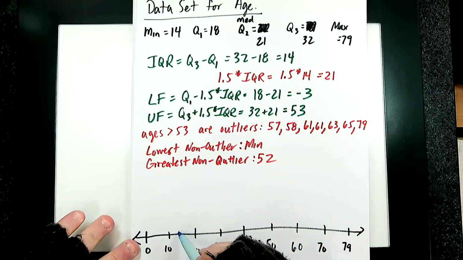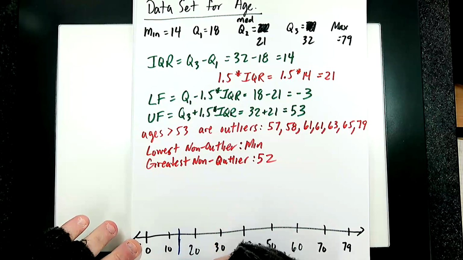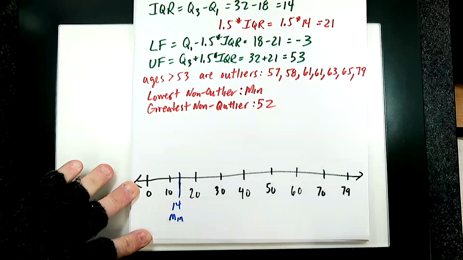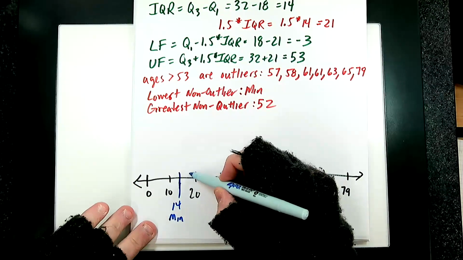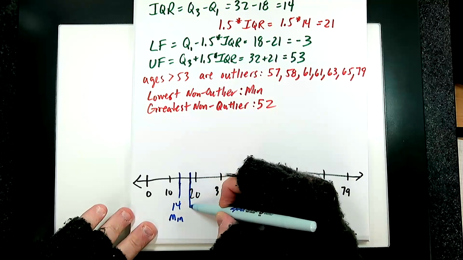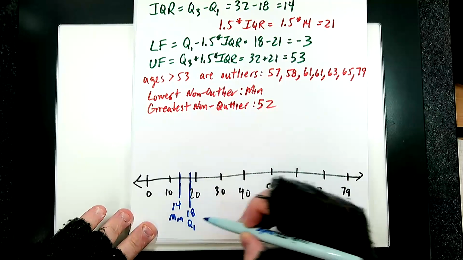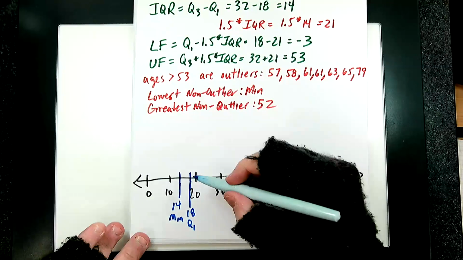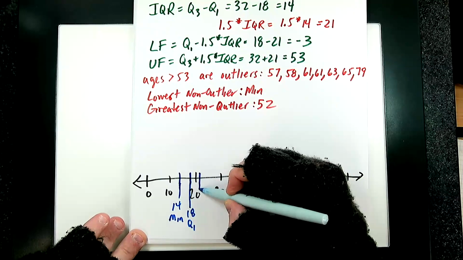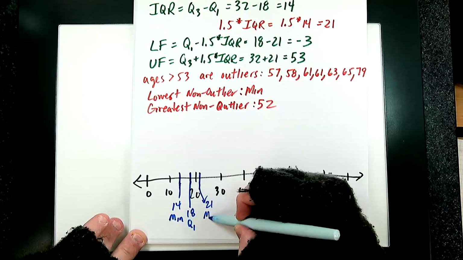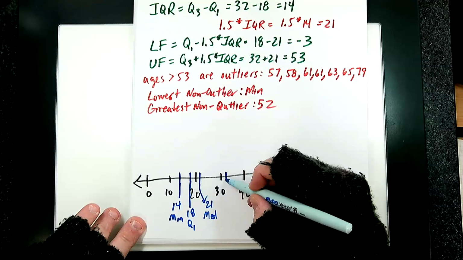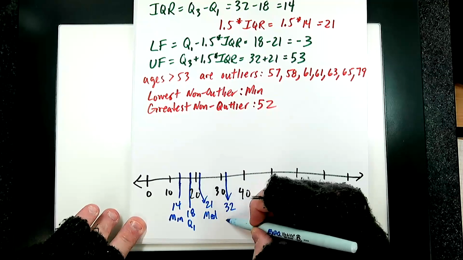The min is at 14. I'm gonna write 14 in min. I've got 18, and that's Q1. 21 right there is the median. 32 is Q3.